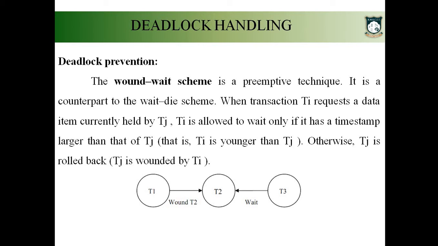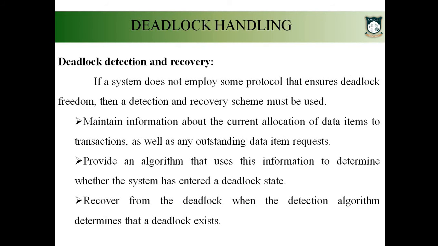As I already said, in deadlock prevention, we take some steps to ensure that deadlock never enters your system. If you follow this, deadlock will never enter our system, right? So the next approach is deadlock detection and recovery. In deadlock detection and recovery, we have to follow 3 steps. The first step is we have to maintain all information.